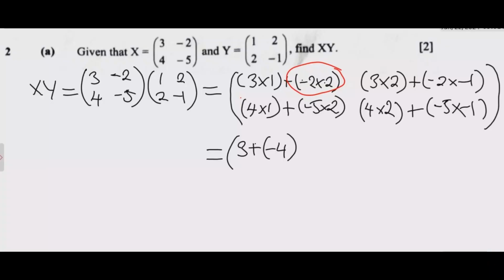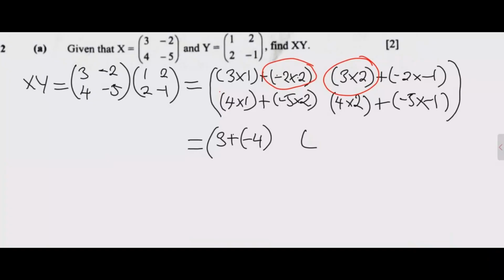Then we go ahead, we come here where it's 3, so open brackets, then we multiply this one again. We say 3 times 2 will give us 6.